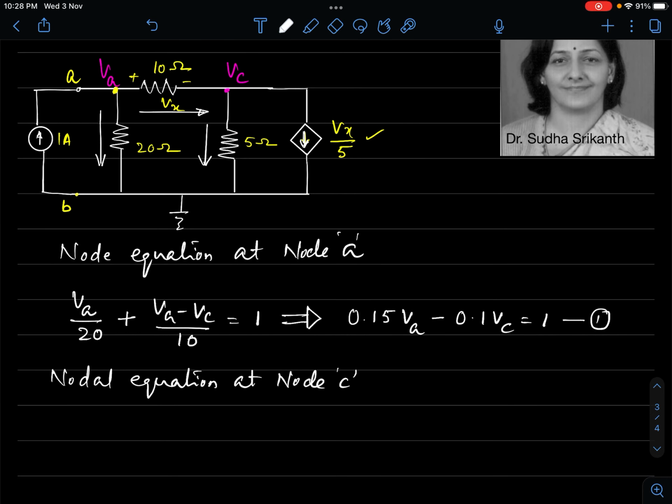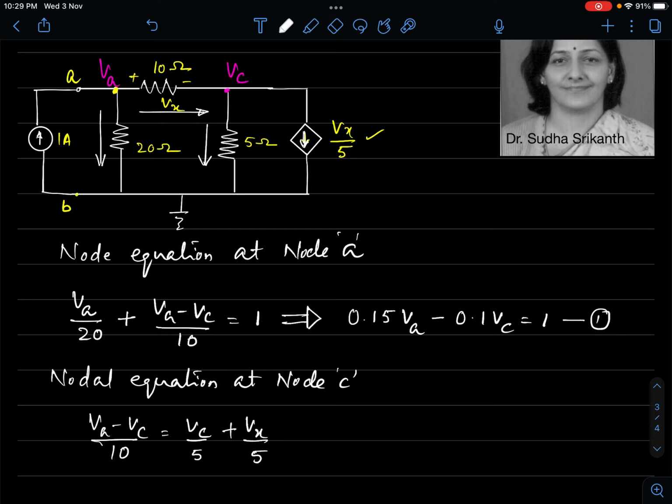I will take the incoming current. Incoming current to node C is VA minus VC divided by 10. This is equal to VC divided by 5, one current that is leaving node C. That is this current we are talking about, VC minus 0 divided by 5. And there is one more current that is leaving, that is Vx by 5. Plus Vx by 5. Okay, so this is another equation we have.